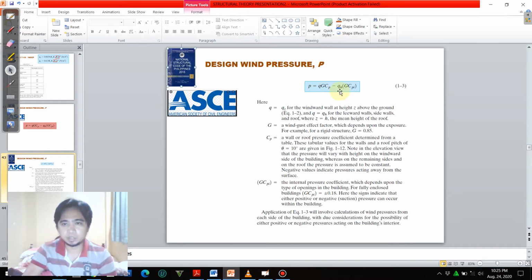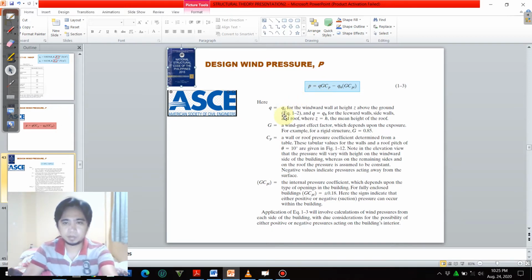So for the wall, Q has changing values according to the range of the height set in the table.